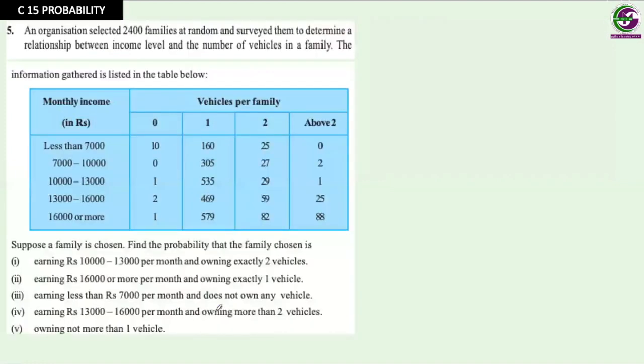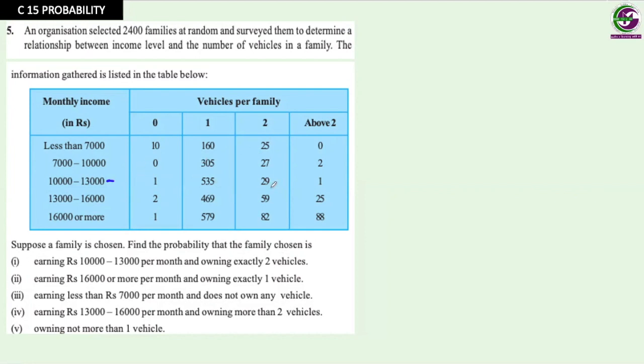Let's move on. An organization selected 2,400 families at random and surveyed them to determine a relationship between income level and the number of vehicles in a family. Suppose a family is chosen, find the probability that the family chosen is earning 10,000 to 13,000, it is here, owning exactly 2 vehicles.